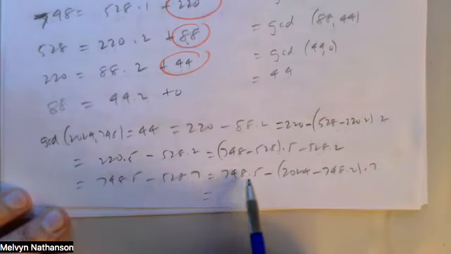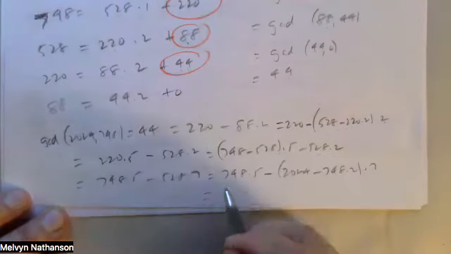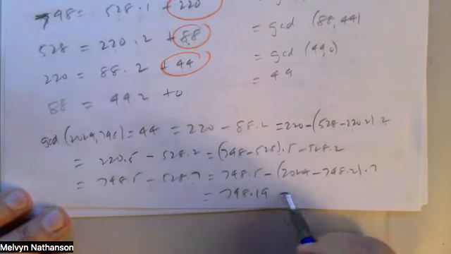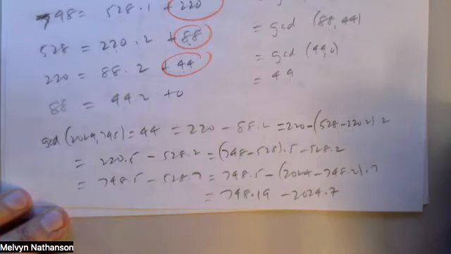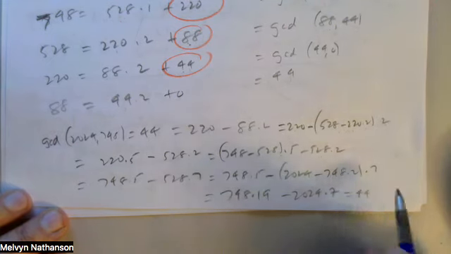I have 748 times 5, 748 times 14. That's 748 times 19 minus 2024 times 7. That's 44.